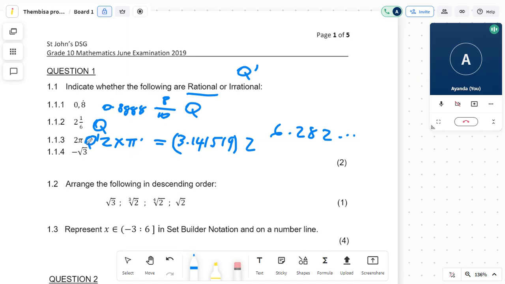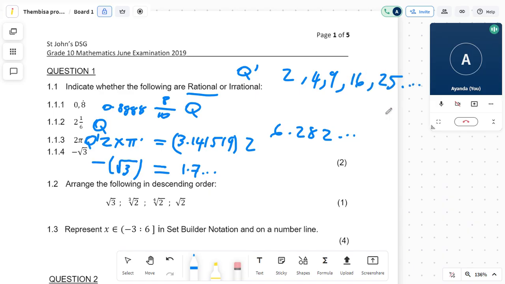What about negative square root 3? Well, negative square root 3 is just going to give us the negative of whatever the answer for square root 3 is. It should be about 1.7 something. So there isn't a recurring pattern because 3 isn't a perfect square. Perfect squares are numbers like 4, 9, 16, and 25, etc., like we learnt about in grade 8 and 9.